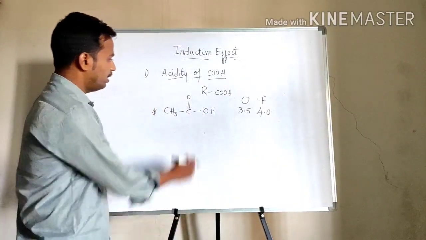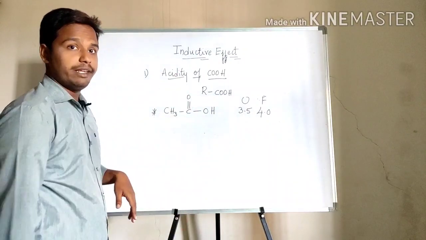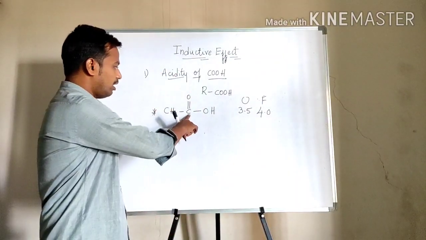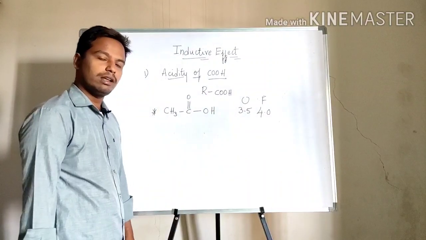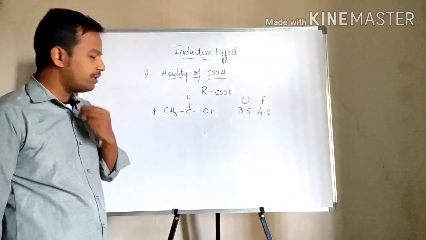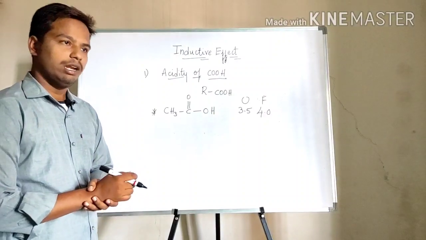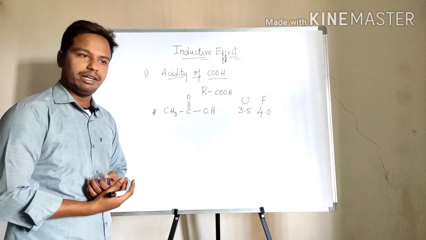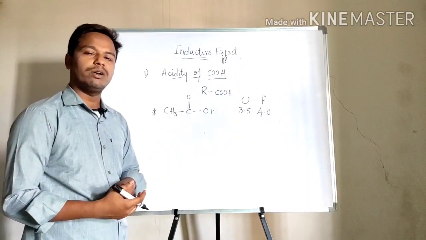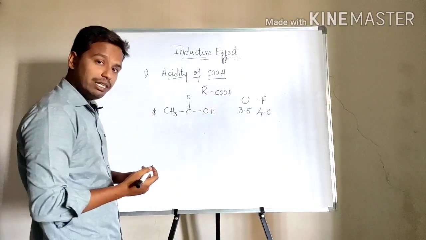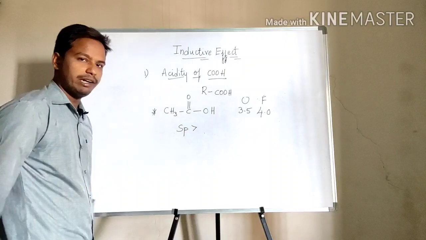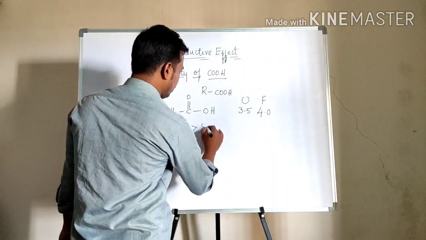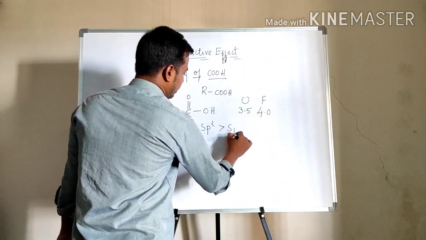Oxygen has a double bond here. If you carefully observe, carbon is doubly bonded to oxygen. One thing you need to remember about electronegativity: sp hybridization is more electronegative compared to sp2 and sp3.